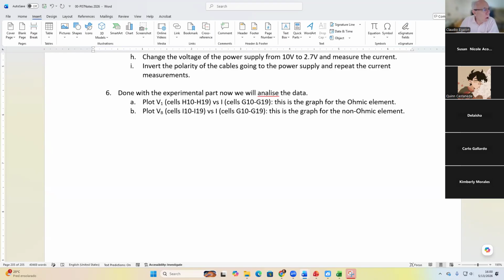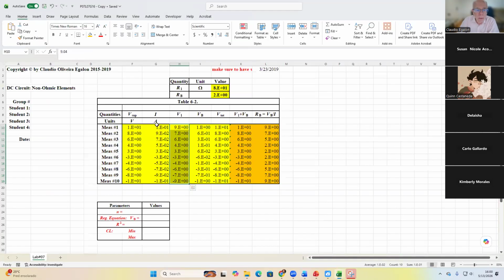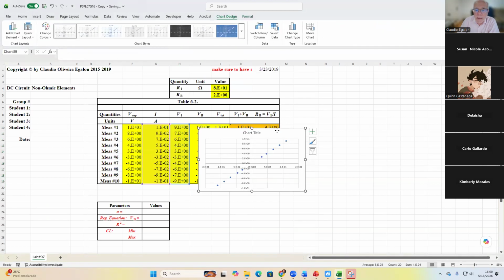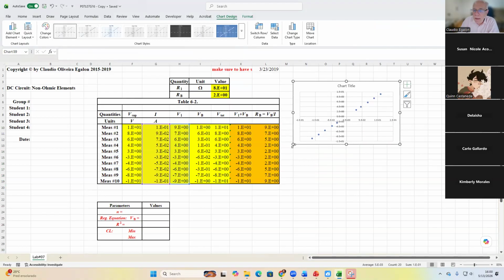Now I'm going to plot V1 versus I. This is the one that you're already familiar with. I'm going to insert the graph. Here you go. We get exactly a straight line.